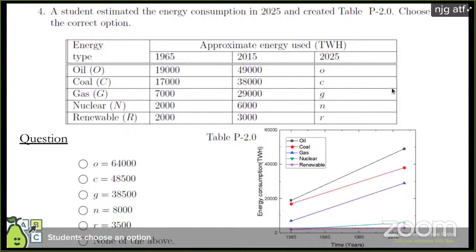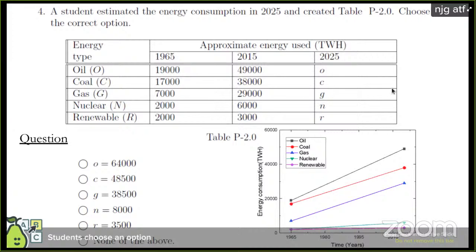How much approximate energy will be consumed with respect to oil will be small o, with respect to coal small c, gas g, and so on. What he did is approximate it into straight lines, assuming the consumption is directly proportional to the year, and you can see the graph also.